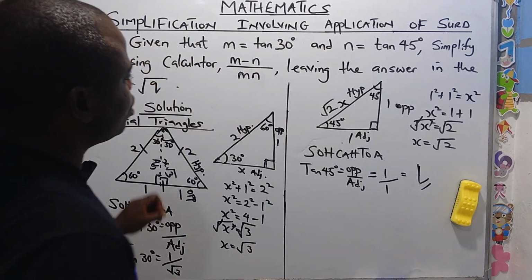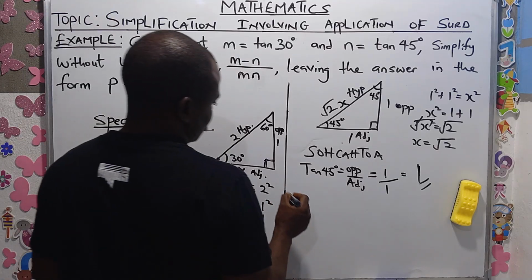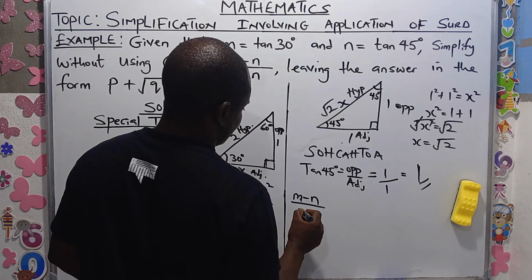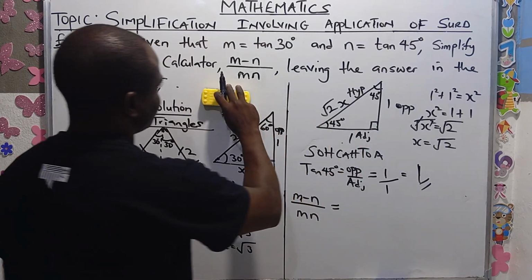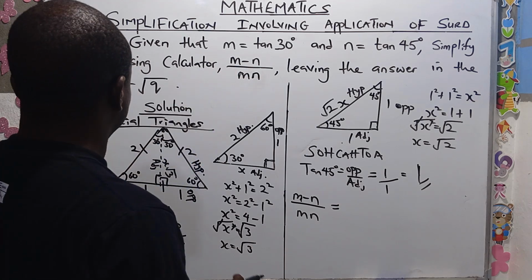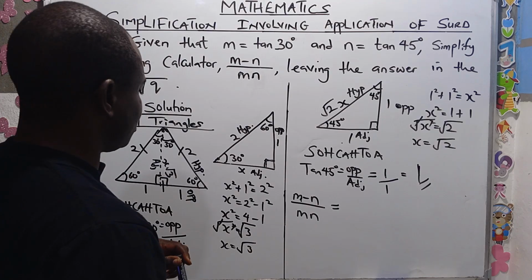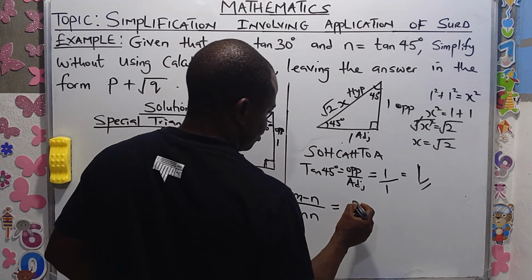Now let's apply this to the fraction (m minus n) over mn. What's our m? Our m is tan 30 degrees, and tan 30 degrees is 1 over root 3.